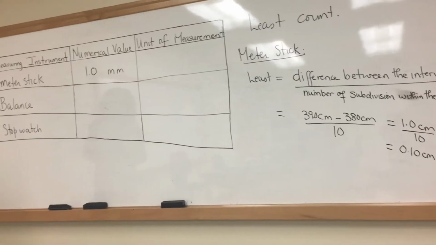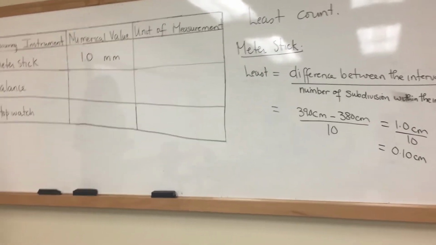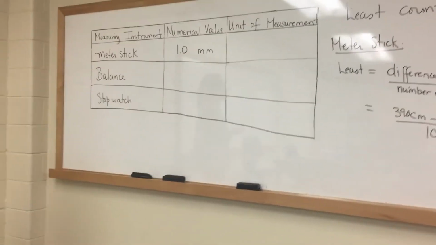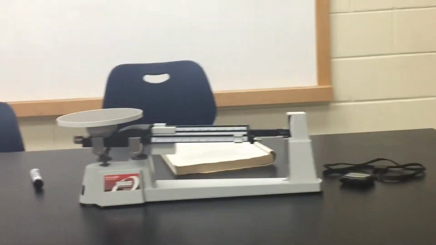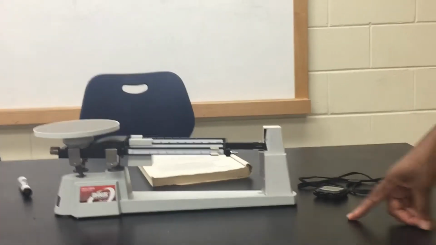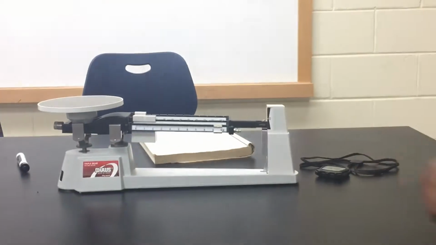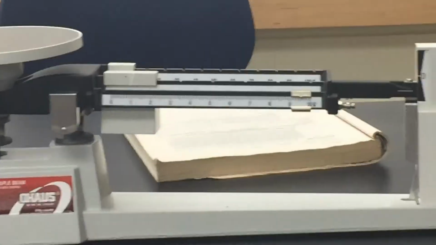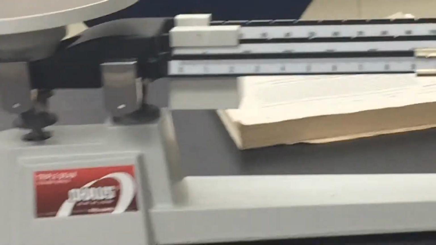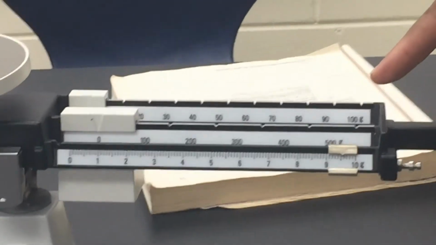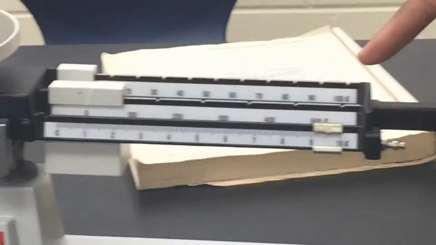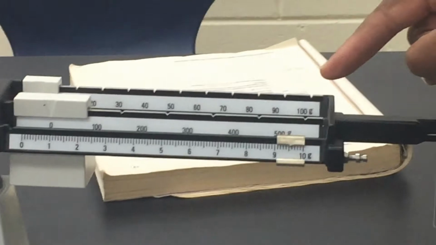Now we're going to do the least count on the triple beam balance. So here is the triple beam balance. And as you can see, the triple beam balance has 3 different scales. There's a scale in the back that you can measure masses up to 100 grams.